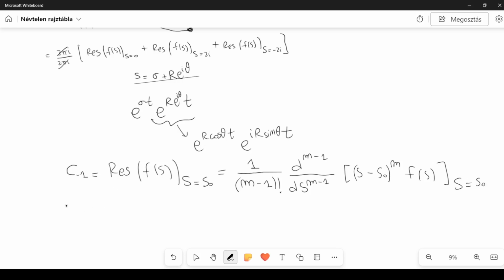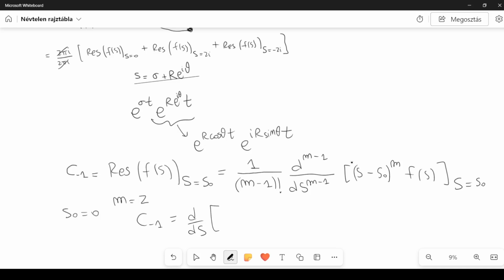and I have to evaluate this at s equal to s0. Now, for example, when s0 is equal to 0, the first pole, we have c sub minus 1 equal to, remember that in our case, the multiplicity is equal to 2, so we have the derivative with respect to s, and the factorial would be equal to 1 because we have 2 minus 1, which is 1 factorial.